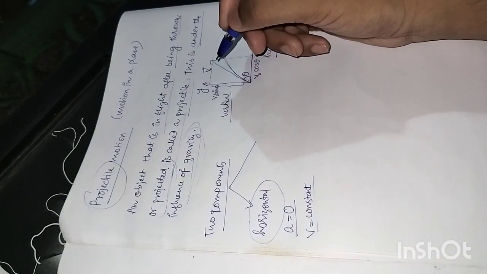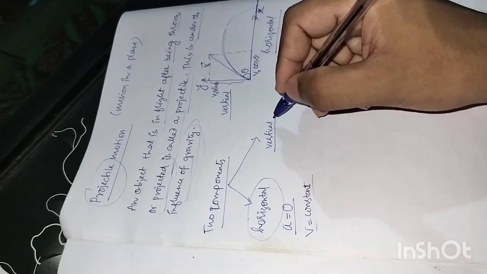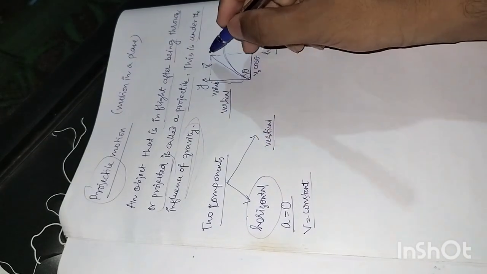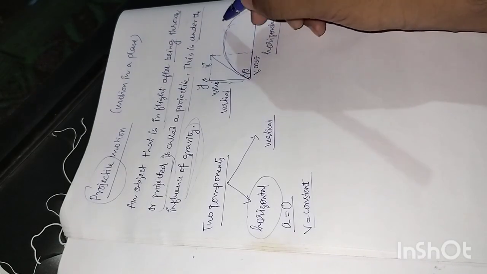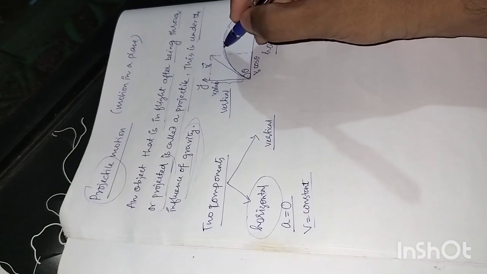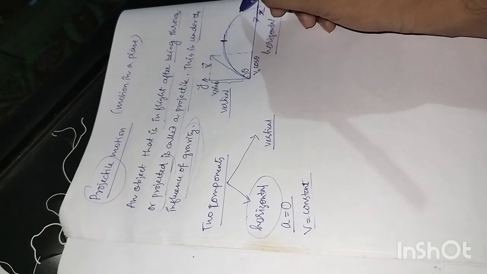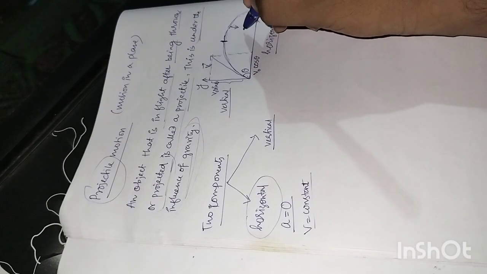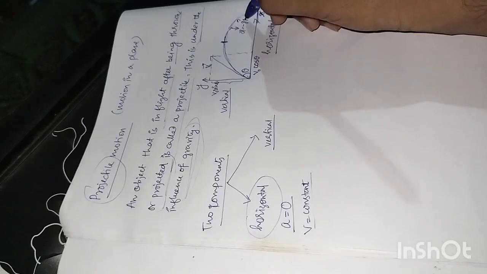Okay, and another one is the vertical direction. That vertical direction component is influenced by gravity. Suppose the projectile is thrown like this. After a certain point its velocity becomes 0. After that the body acts like a free fall under gravity. So gravitational pull will be in the downward direction. So this acceleration can be written as minus g j cap.